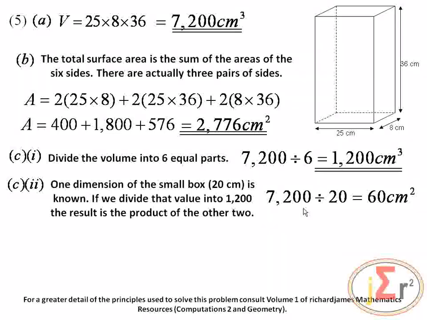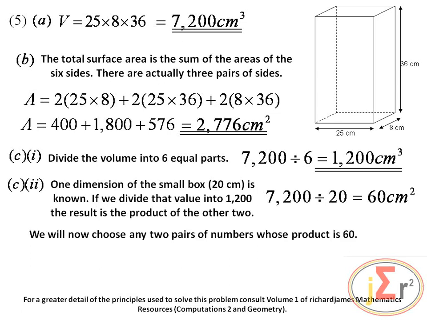So we divide the 1,200 by 20, and that will be the product of the other 2 sides, 60. Now we may choose any 2 pairs of numbers whose product is 60.